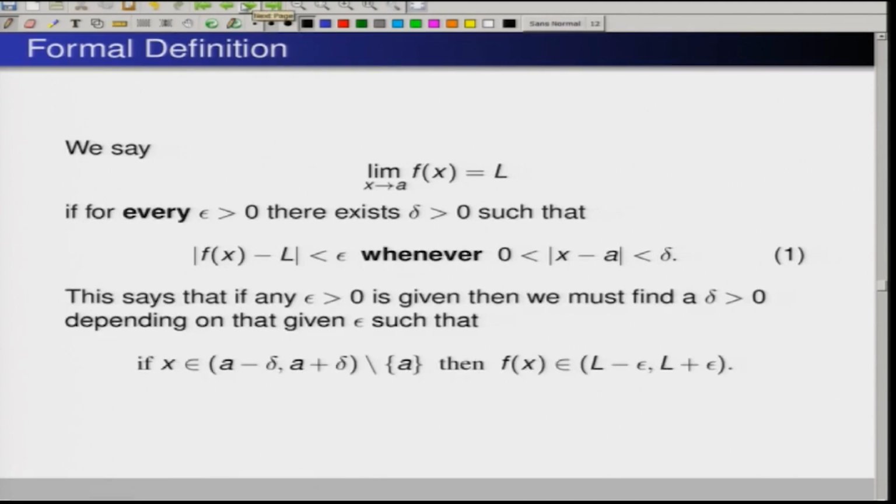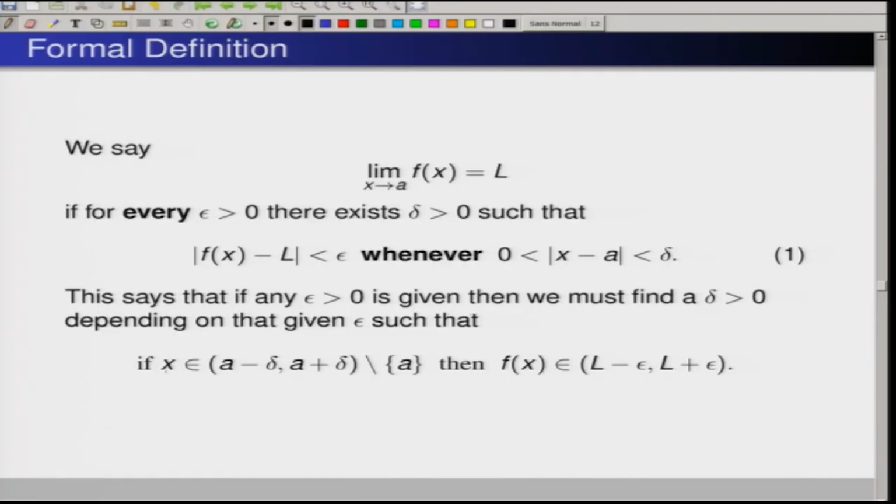In other words, for any given epsilon, I am repeating it again and again, if any positive epsilon is given to us, then we must find a delta, and this delta is going to depend on epsilon as well as the x.